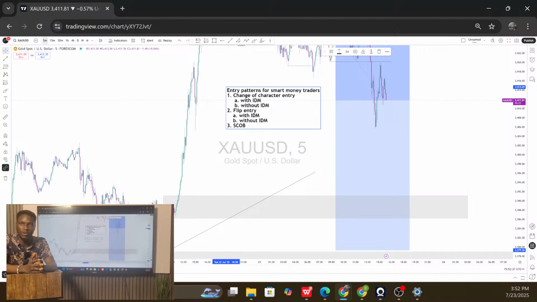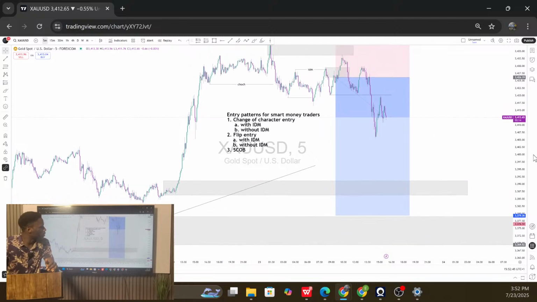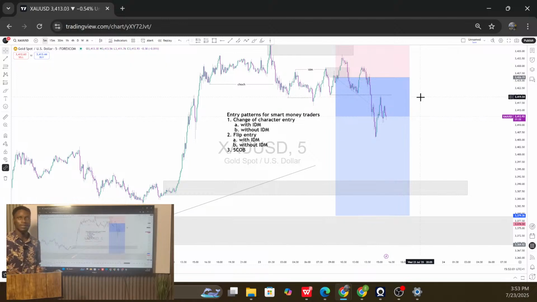Like if I am to get into a continuation for this particular gold that I've been selling for a while now, then I'll be going for single candle mitigation entry. I think around this place, this is a single candle mitigation entry. This particular order block here, I would have taken another sale there if I was doing SCOB, but I didn't because I don't want to trade that model.